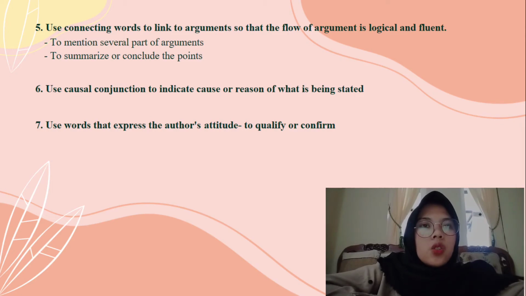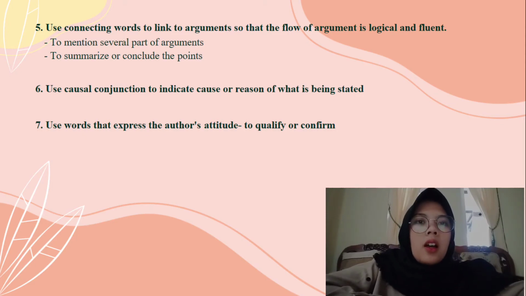And next is use causal conjunctions to indicate cause or reason of what is being stated. For example, because, consequently, despite, due to, for that reason, in case, otherwise, yet, first, second, and many more.